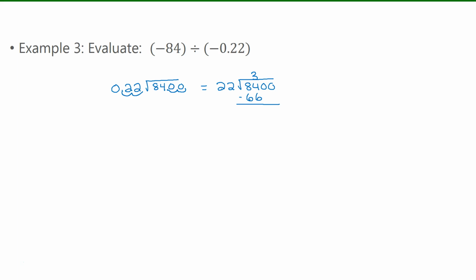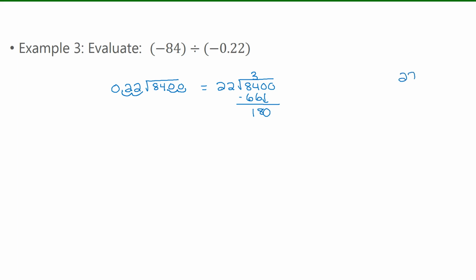Now 84 take away 66, that gives you 18. Bring down a 0. Now we have to figure out how many times 22 can go into 180. Now I know that 22 times 10 is 220, which is kind of close.